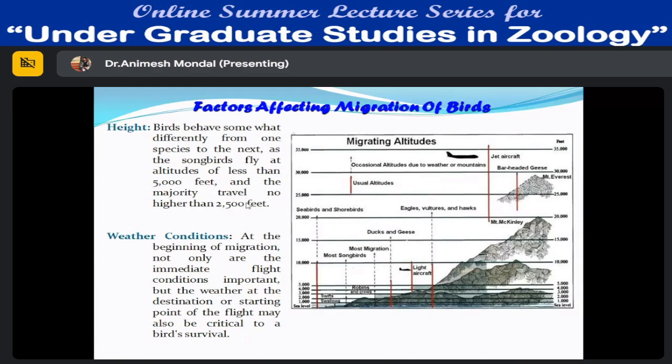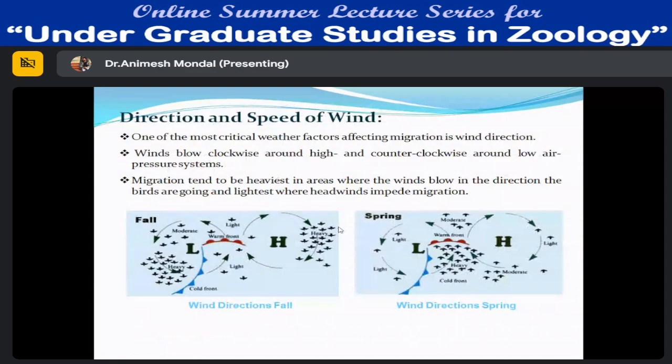Now weather condition is also a major factor that affects the migration. As you can observe here, the altitude and migration of different kinds of birds are depicted. Now direction and speed of the wind are also major factors that affect the migration of the bird.